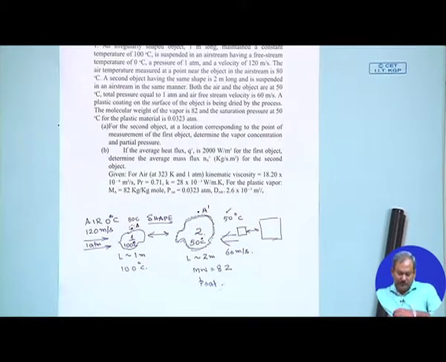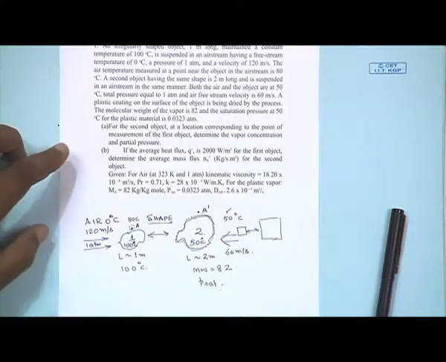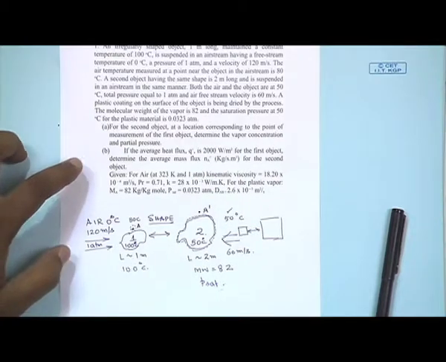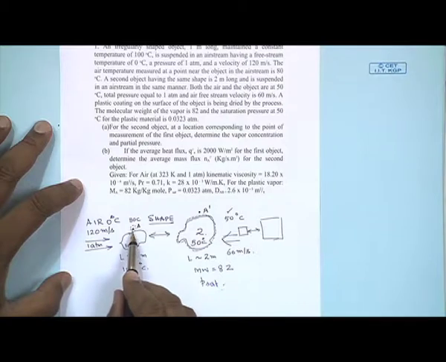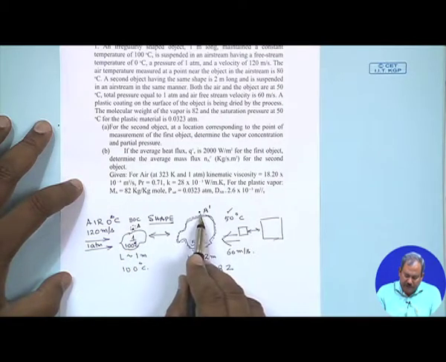Your job is to find out, without performing any mass transfer experiment, what the vapor concentration and partial pressure are. So, at point A you measure the temperature, and the corresponding point is A prime on the scaled up object.